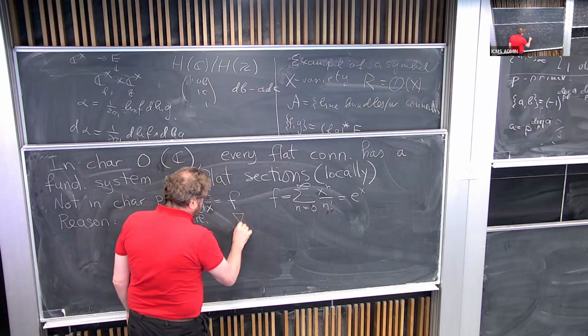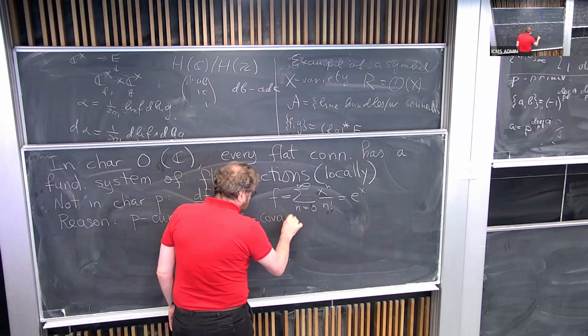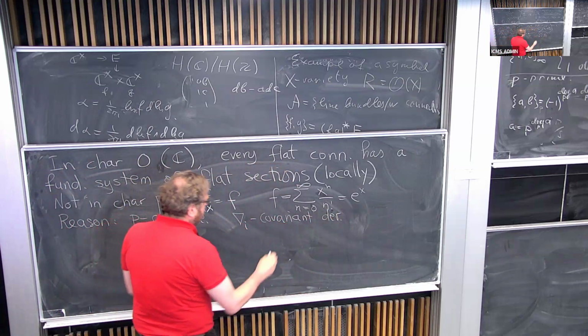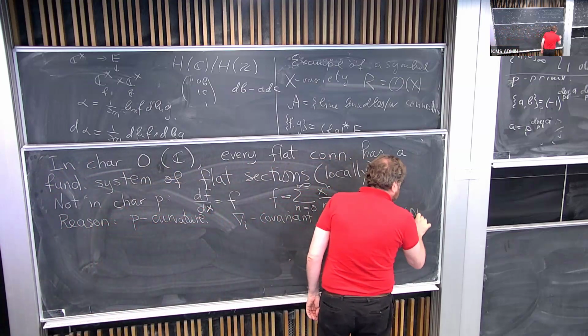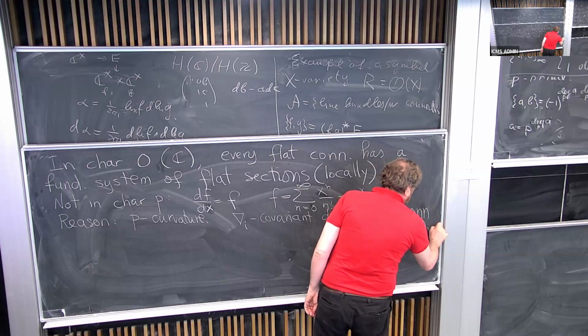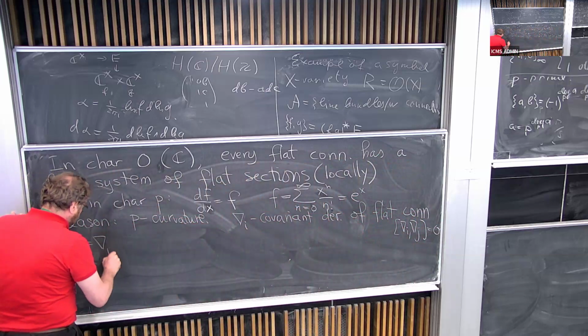See, if you have nabla i, which are covariant derivatives for your connection, let's say a flat connection, so this means that they commute, then you can define C i, which is nabla i to the power p.